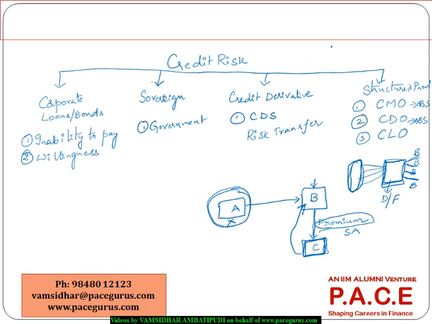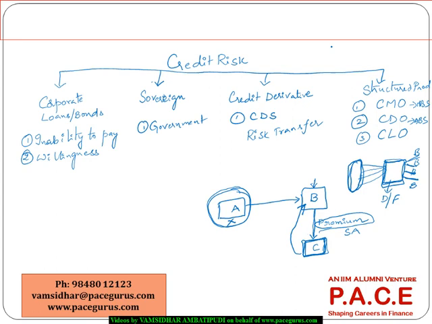So that is where we will be seeing credit risk can arise from multiple dimensions, right from the basic corporate loans and bonds, where we could see some kind of defaults or delay in the payments occurring, to the extent of credit derivatives and structured products, where you could see credit risk present to a great extent, right?